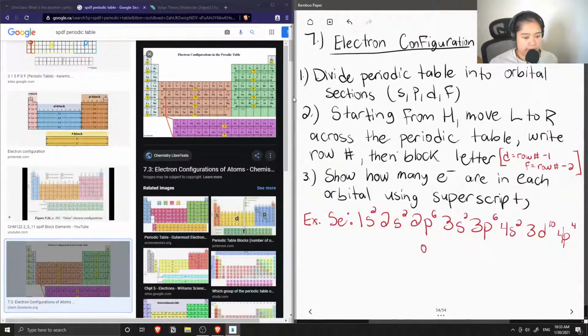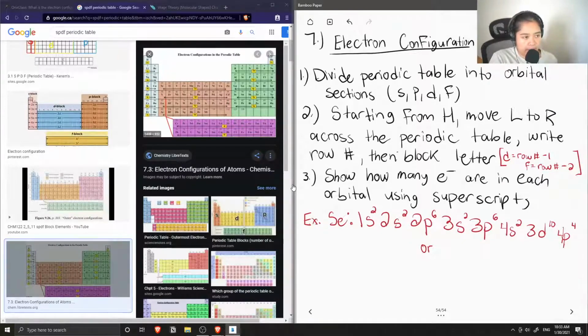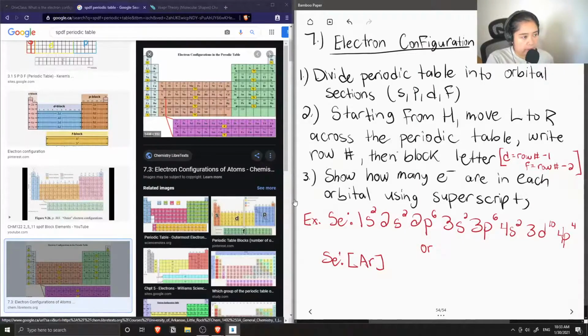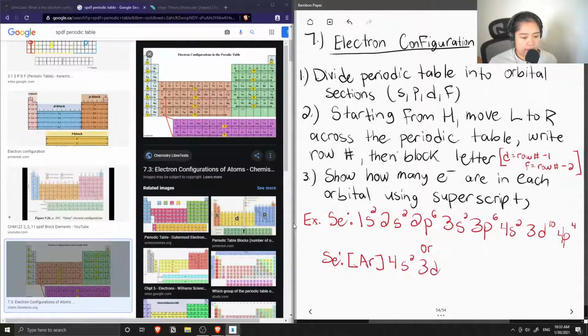If we wanted to write this in the shorthand configuration, we look at the noble gas that comes before selenium, which is argon, and we put the argon in square brackets, like so. Then from there, we continue to write the remaining electron configuration like normal: argon 4s2, 3d10, and then 4p4.